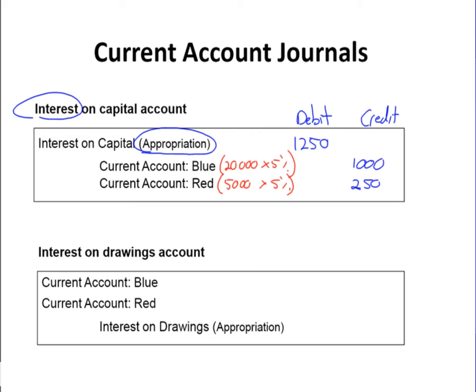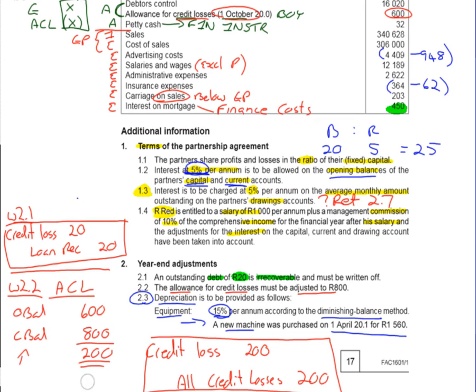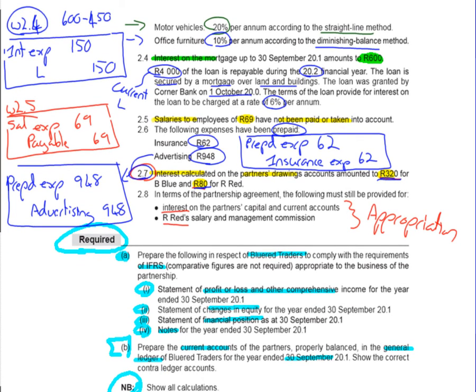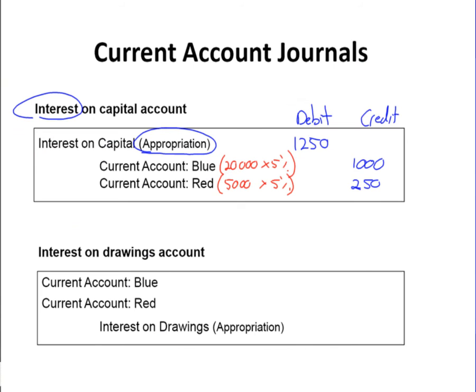Next up, interest on drawings. Now, interest on drawings, we had that funny one where it was calculated monthly, right? 5% per annum on the average monthly balance. We reminded ourselves to refer to 2.7. So under 2.7, they were nice enough to give us the interest on the partners' accounts at 320 for blue and 80 for red. So we can go and put those straight in.